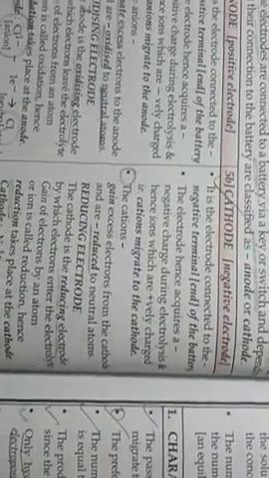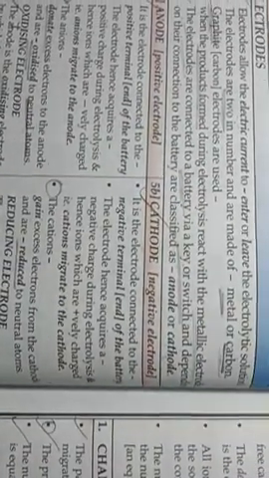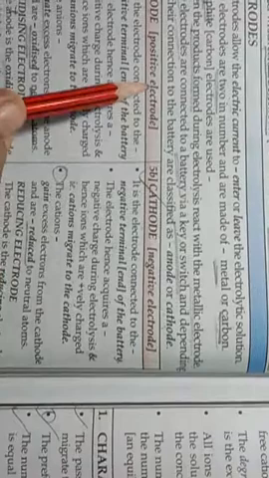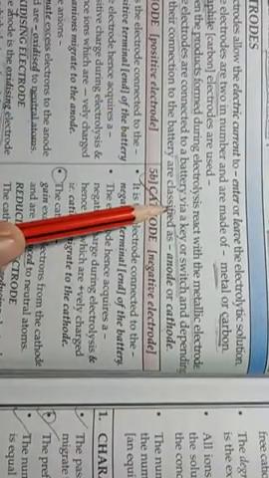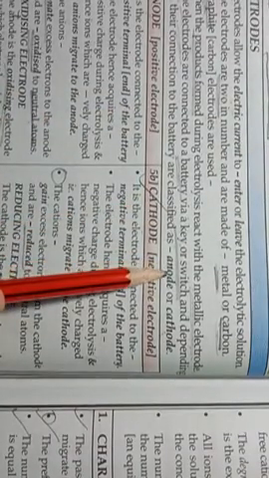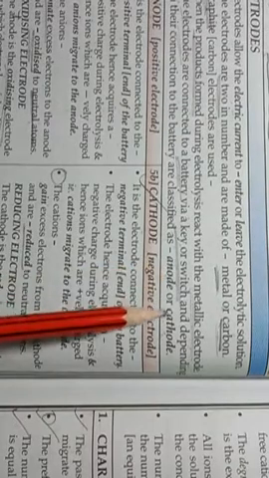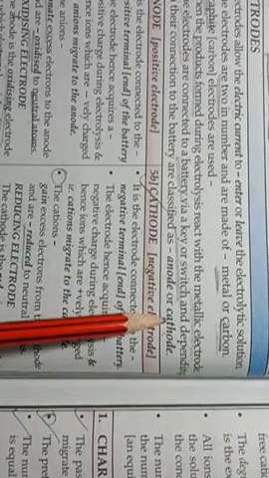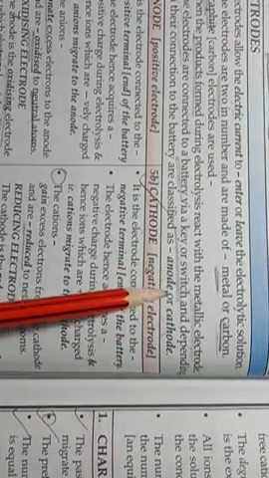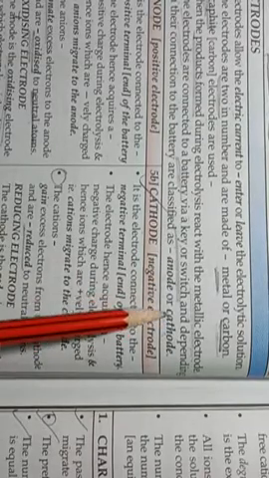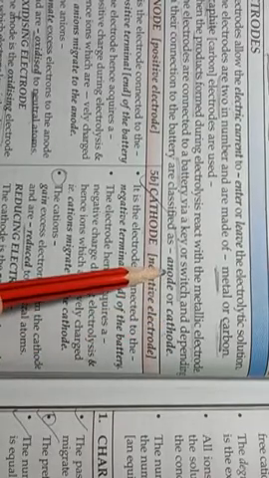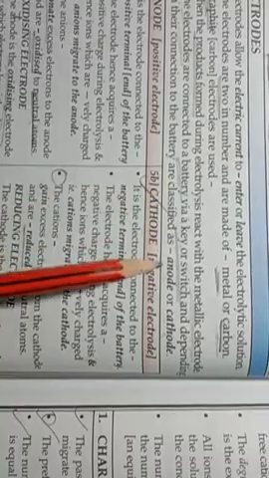Okay, so electrodes are 2 in number, which are classified as anode and cathode. The name or type of electrode depends upon which terminal of the battery they are connected to.